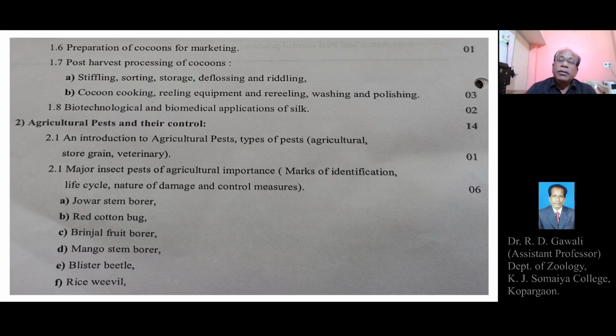So there are different types of diseases like pebrine or protozoan disease, muscardine, fungal disease, bacterial disease, viral disease or bacterial and viral flacherie.